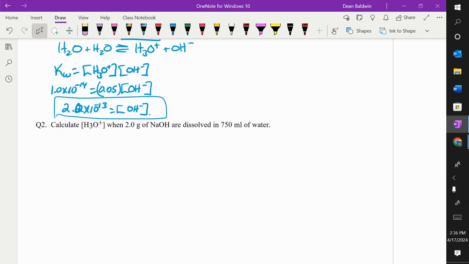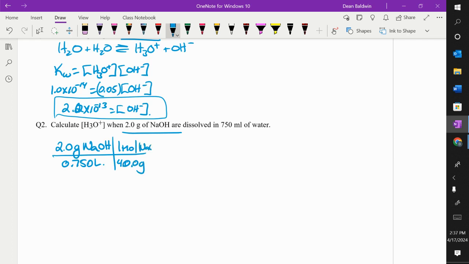So the molar mass of NaOH is 40 grams. So we have 2.0 grams of NaOH in 0.75 liters, because I want the concentration. 1 mole is 40.0 grams of NaOH. So grams cancel.